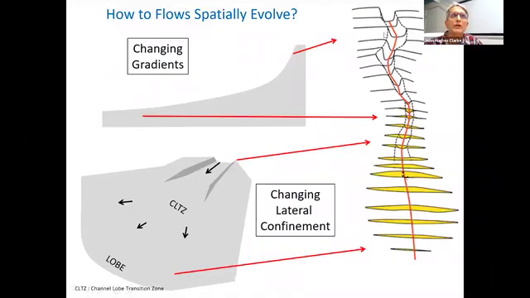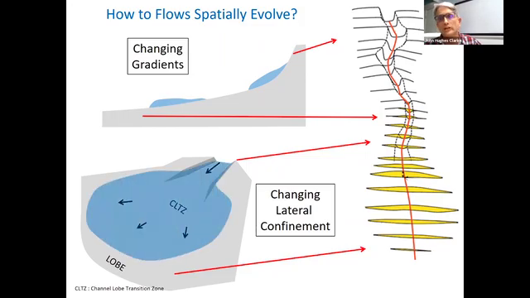We want to monitor a flow, not just at one location. That's not good enough. We need to monitor it from inception through the channelized part out onto the unchannelized. And of course, as the gradients change, so the velocities will change, we need to monitor that. And the one that nobody's done with moorings is when you lose your confinement, when you go out on the lobe.